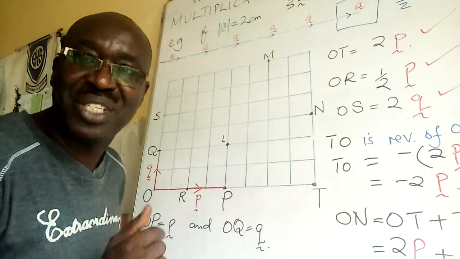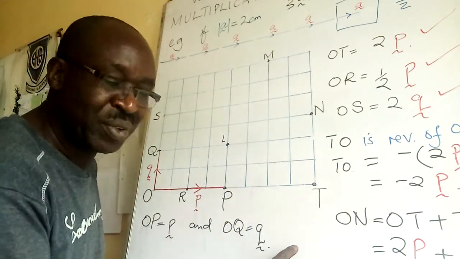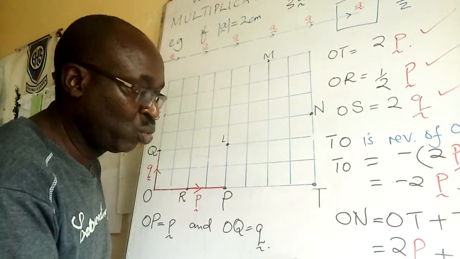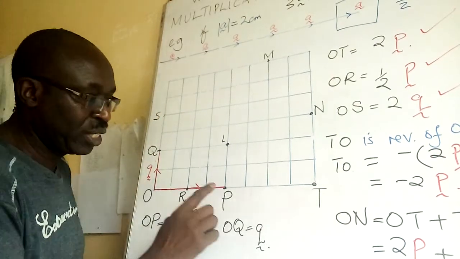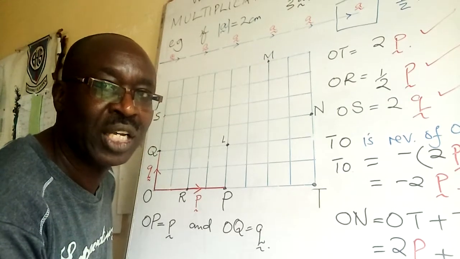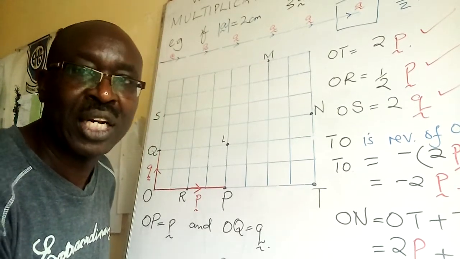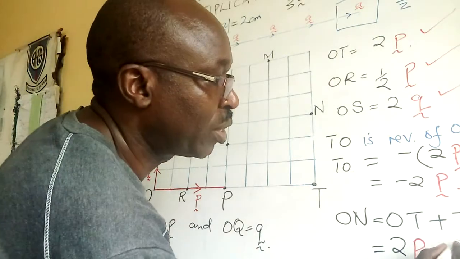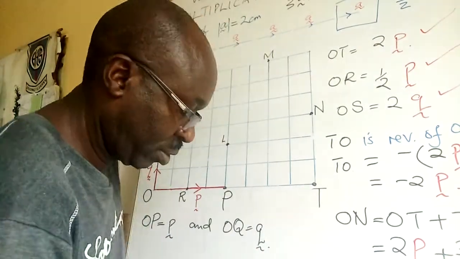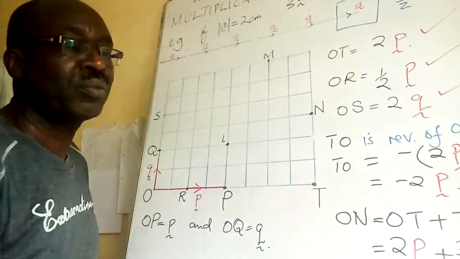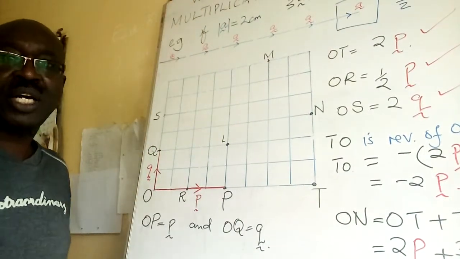Now there are 3 boxes. If 2 boxes make Q, what about 3? Cross multiply. 3 times Q divided by 2. So how will I write that? 3 over 2 Q. You are done. Okay?